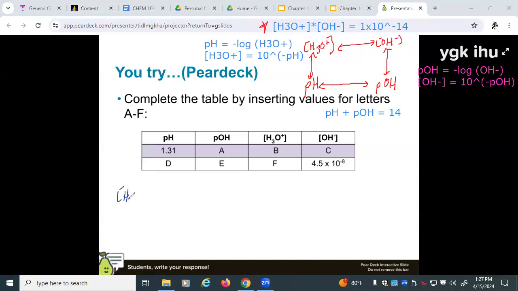So hydronium concentration would be equal to 1 times 10 to the negative 14 over the hydroxide concentration, 4.5 times 10 to the negative 8 molar. And if I do that, I get 2.2 times 10 to the negative 7.